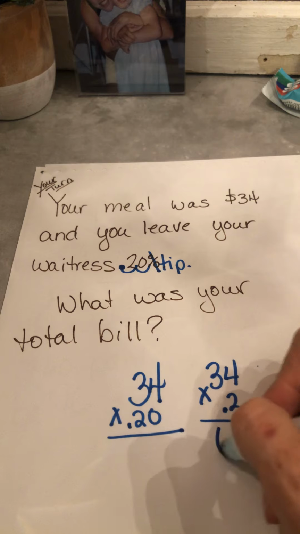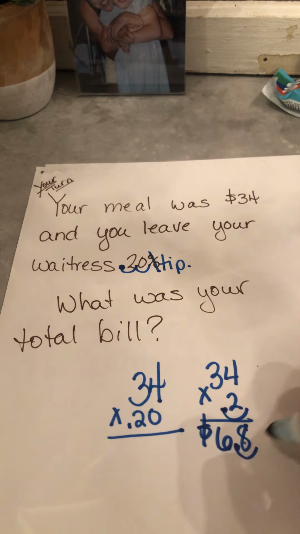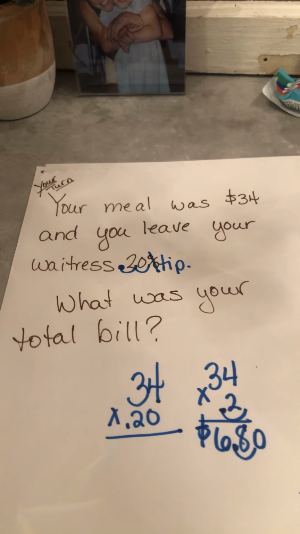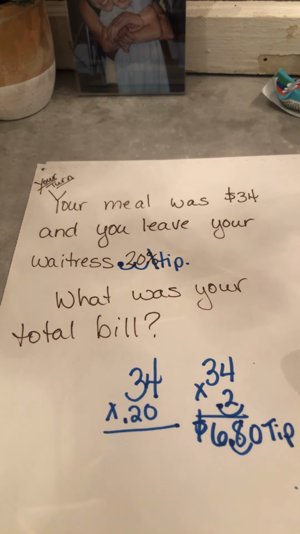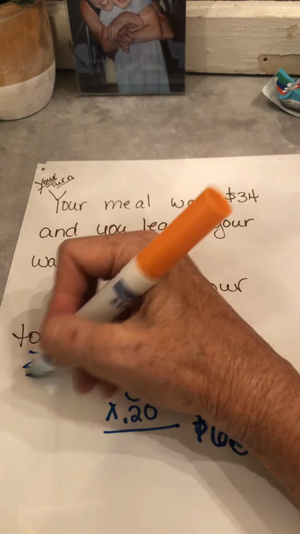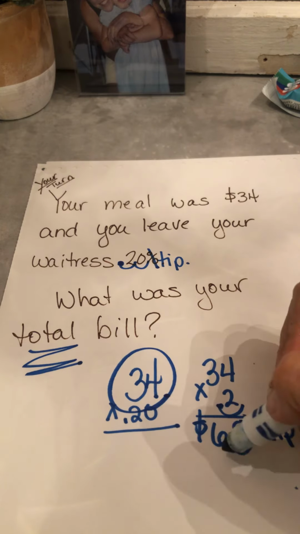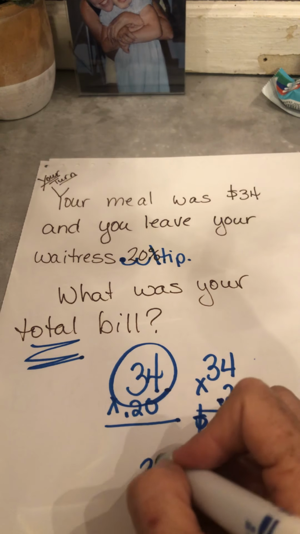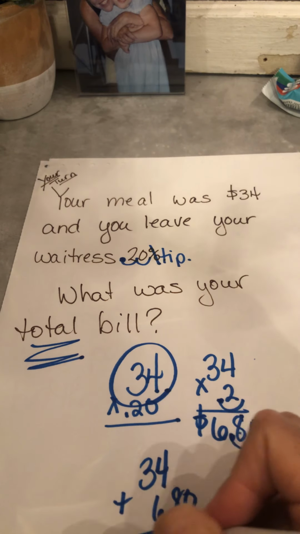I get 8, I get 6, move my decimal once, $6.80. Now, what is this? This is my tip. What's my total bill? Well, I have to take the $34 and add it to the $6.80. So 34 plus $6.80.